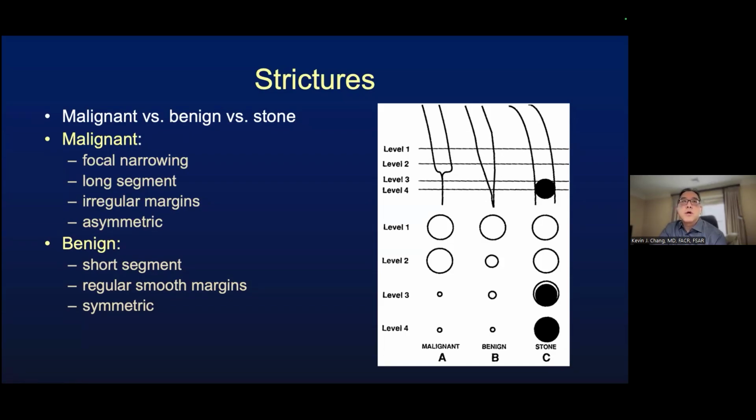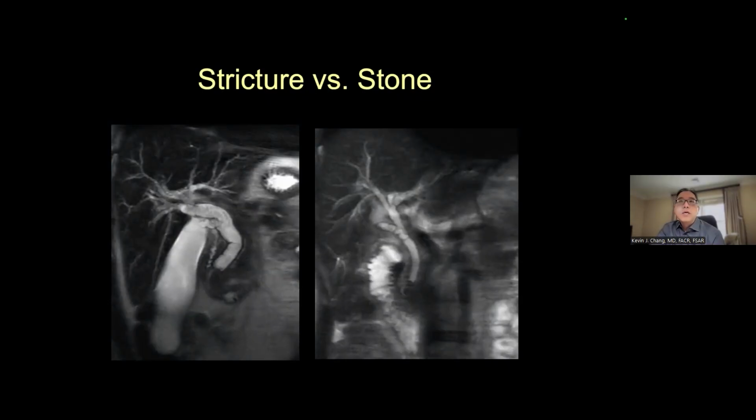It looks more symmetric and smooth and regular, versus a stone, which will look like a rounded filling defect with a meniscus sign here, and it'll look more like a circumscribed filling defect within the dilated duct on the transverse views. And there's an example of the difference between a stricture here, where you see the asymmetric shouldering and long involvement of the distal CBD, versus a filling defect in the distal CBD.